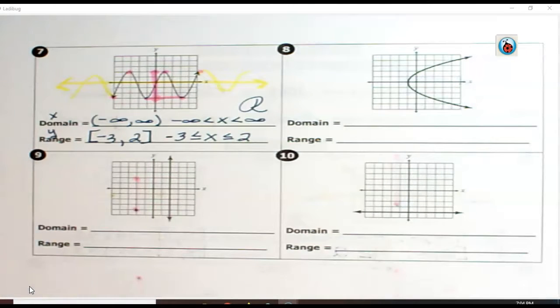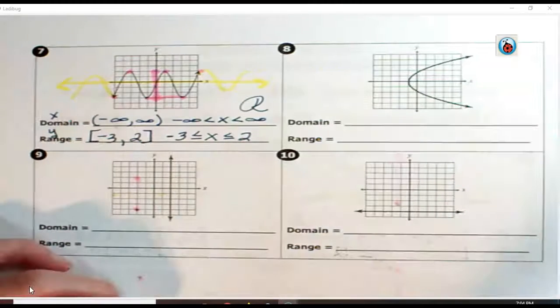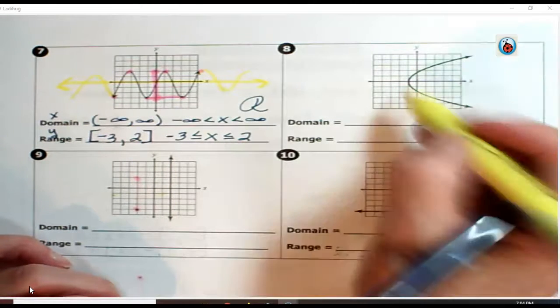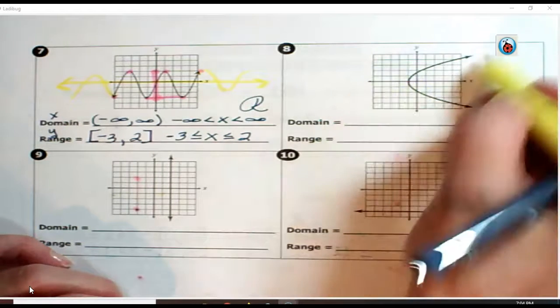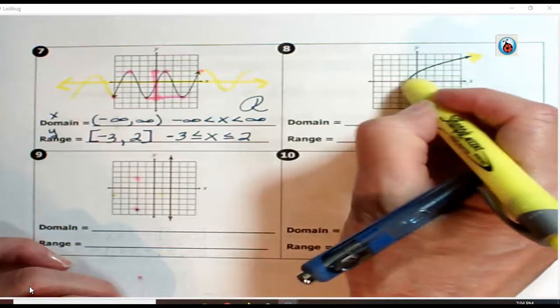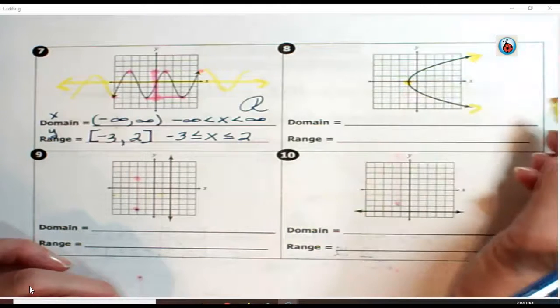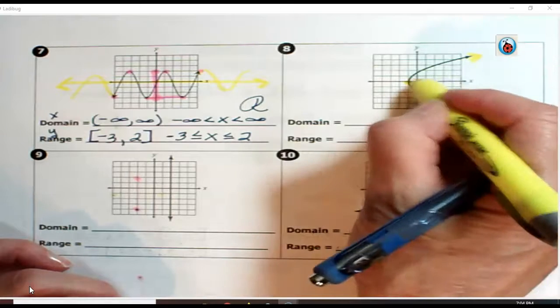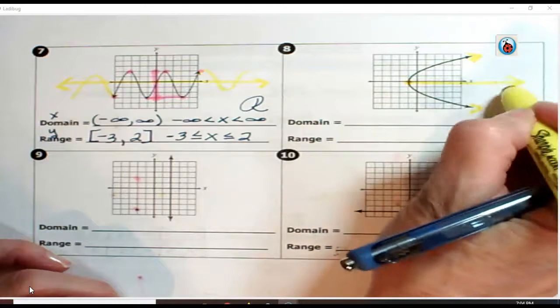Okay, let's take a look at number 8. The domain, it's your X's. All right, so this time I don't have any X's going over here. You see the arrows are both going this way. So this is my far left X point, and they're all continuing to go that way.